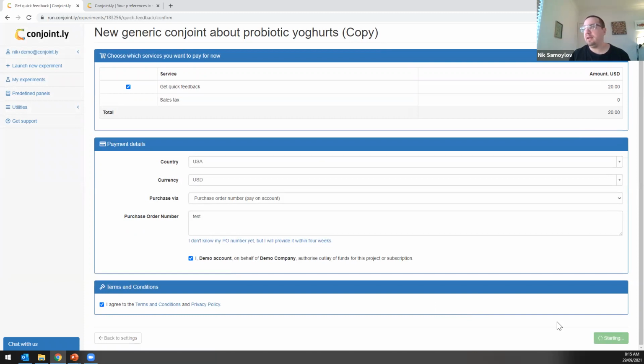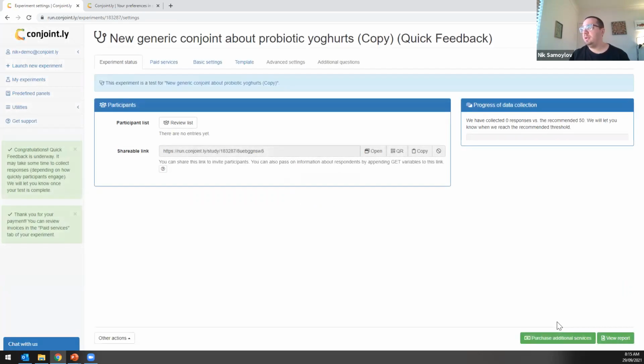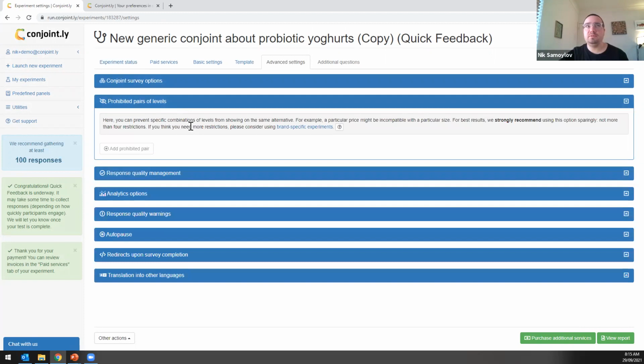For example, let's say you have a plastic bottle, which is one level in one attribute, and you have another that says does not contain plastic in another attribute. You don't want to show those levels together. So that you can do through prohibitions of different pairs. That's typically something you do here. That probably answers that question.